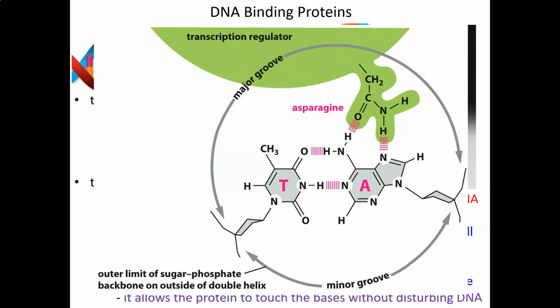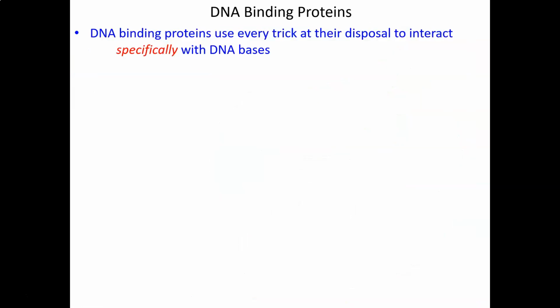In fact, we're looking at two hydrogen bonds. We have a hydrogen donor from the protein interacting with a hydrogen bond acceptor on the adenine. And we have the opposite. We have a hydrogen bond acceptor on the protein interacting with a hydrogen bond donor on the adenine. So these are two non-covalent forces and two non-covalent bonds that are possible between the DNA binding protein and a base pair in the DNA sequence.